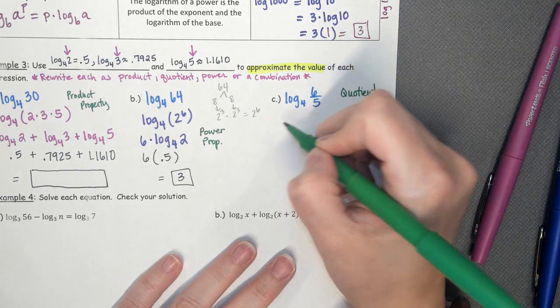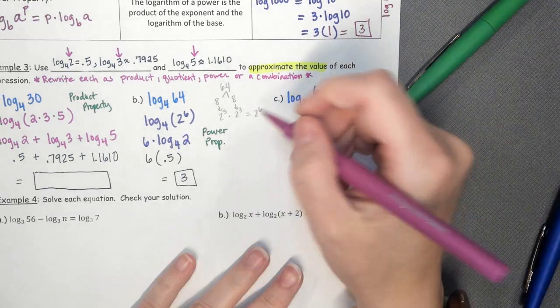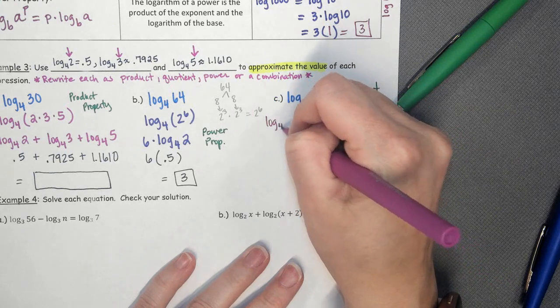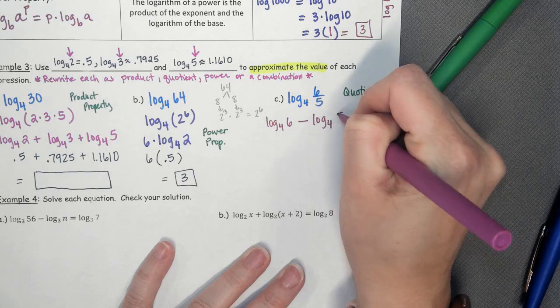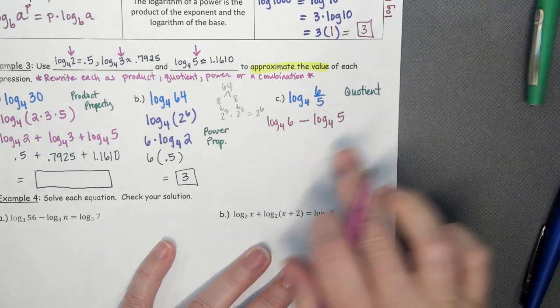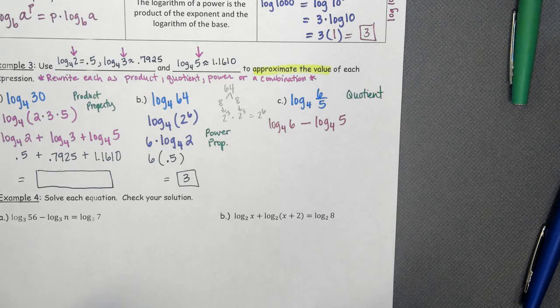Now, when you use the quotient property to rewrite this, you have log base 4 of 6 minus log base 4 of 5. One of those we know. We know log base 4 of 5. Do we know log base 4 of 6? Do we know just that one?